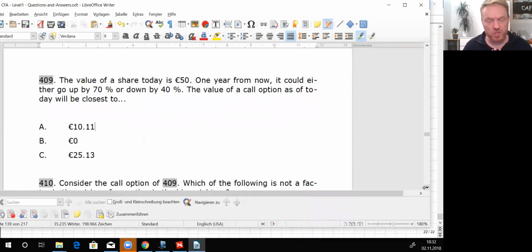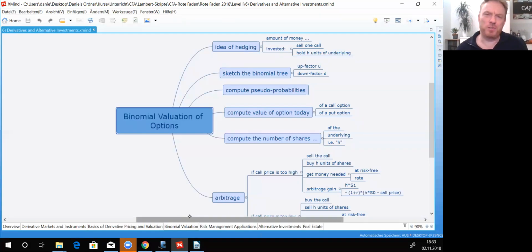The value of a share today might be 50 euros, for example, and it could go up or it could go down, denoted by the up factor or the down factor. The value of a call option as of today will be closest to answer A, answer B, or answer C, whatever the answers might be. Cool.